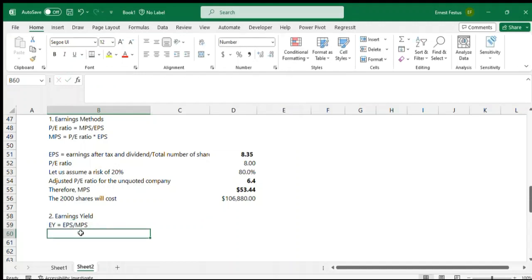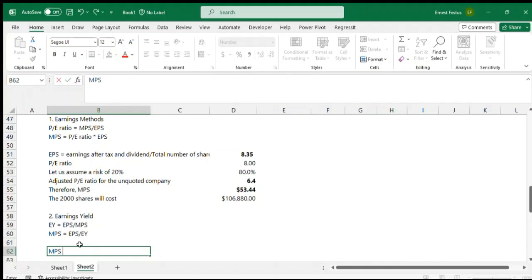And so our MPS under the earnings yield will be equal to the EPS divided by our earnings yield. We just did a change of subject. So just as we did for the price earnings ratio, we are going to calculate our MPS for the quoted company, in this case XYZ.